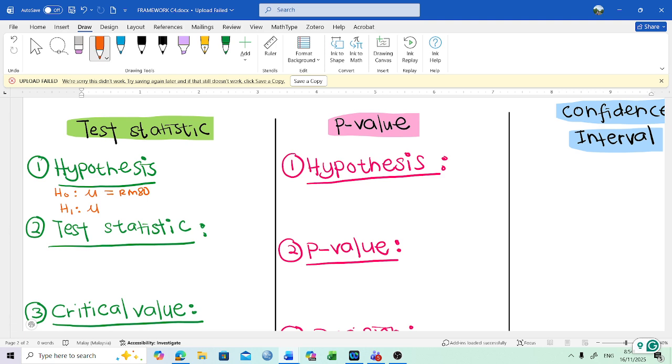What are the keywords that are used? Is it greater than? Is it less than? Or is it unequal? For example, let's say the average weekly spending of students is claimed to be greater than 80 ringgit.